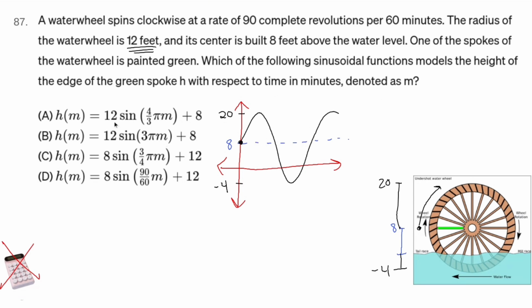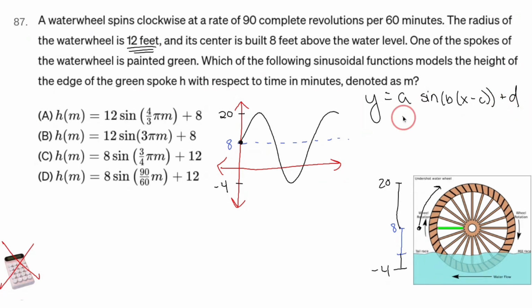Now, if I'm looking at all this and trying to write an equation, I'm comparing it to y equals a sine b times (x minus c), plus d at the end. Okay?